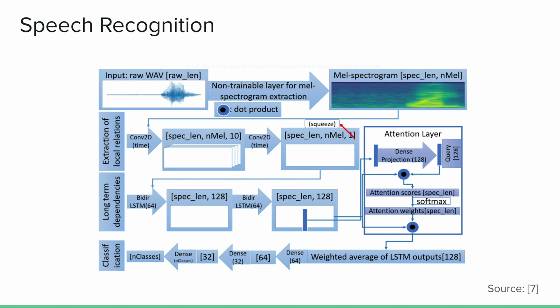We're squeezing that together and then feeding that into our recurrent neural network, in this case a bidirectional LSTM that has some additional mechanisms potentially to make sure that it looks at the right parts of the input that came before. And then at the end, if we do some classification, we have a bunch of dense layers where we produce our actual output.